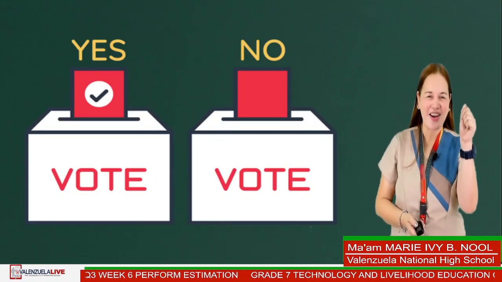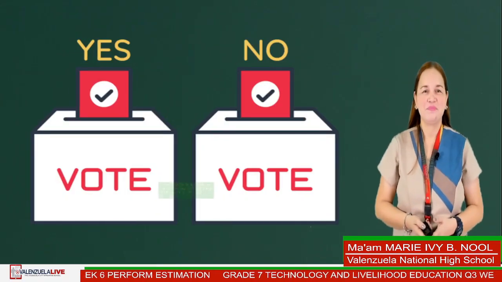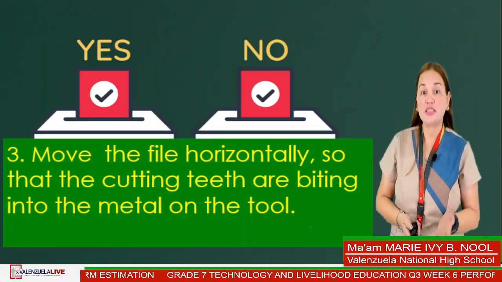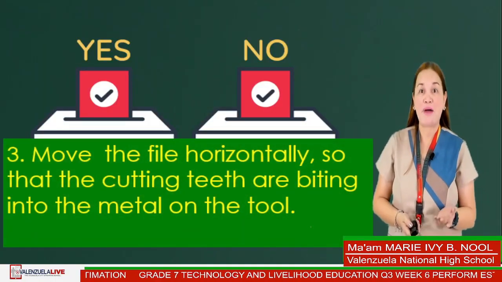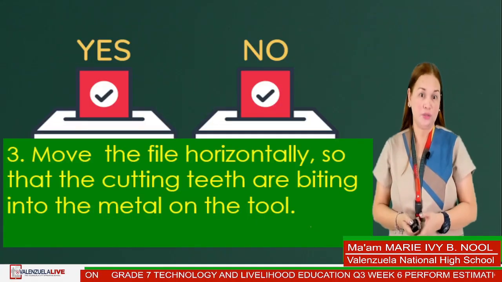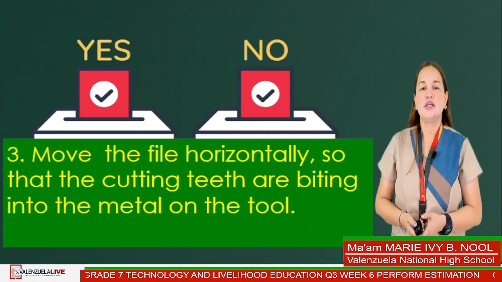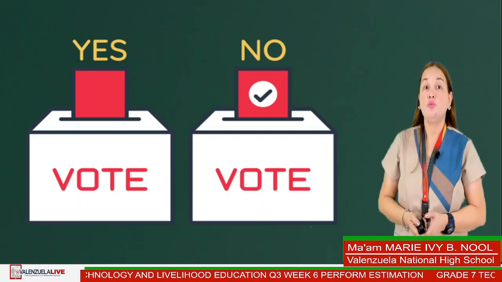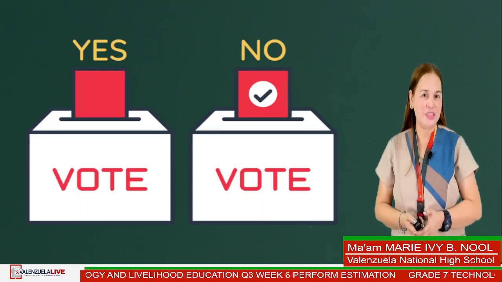Yes, you got it right. Number 3. Move the file horizontally so that the cutting teeth are biting into the metal on the tool. The correct answer is no. We should move the file diagonally.